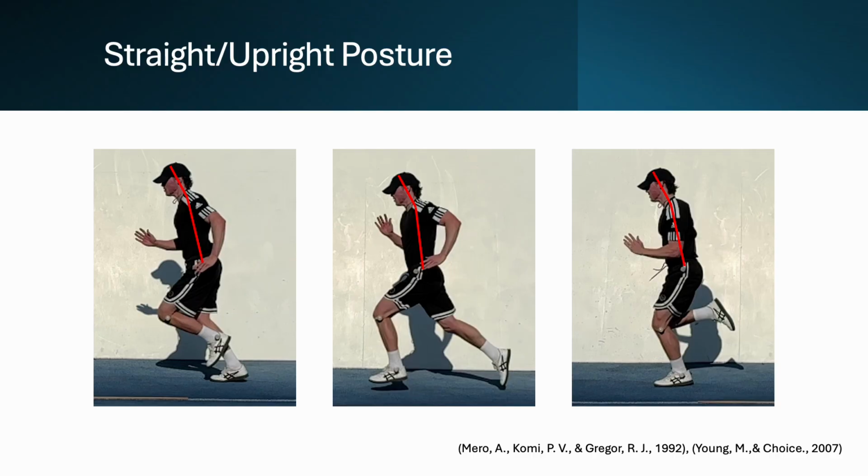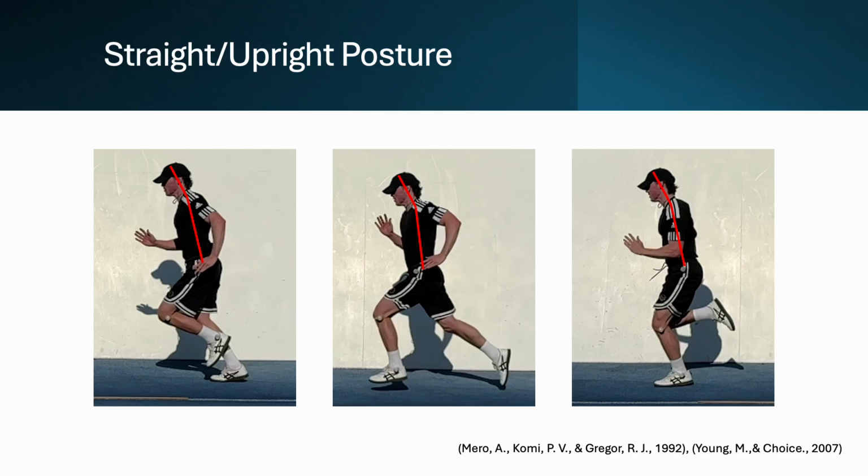As for the upright posture, it can be seen here that several snapshots were taken from the different phases of sprinting, and the red lines have been put through the different body segments of the upper body. And just a reminder that according to Mero, Comey, and Gregor, 1992, the head, neck, and spine should all be aligned.